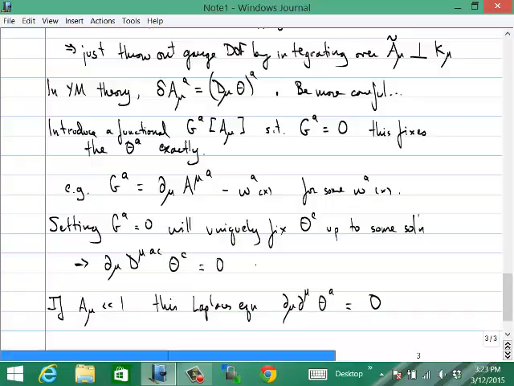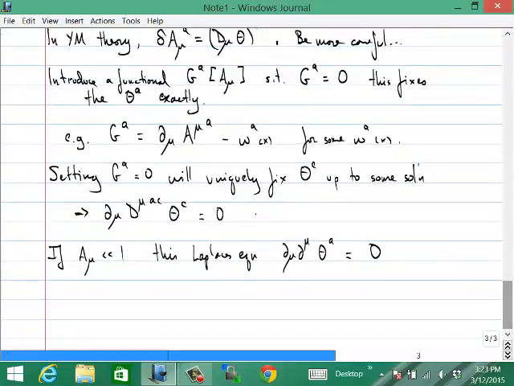So if your gauge field is very small, if you're working in perturbation theory, then this choice of the function G^A is okay. It will uniquely fix the theta^A.